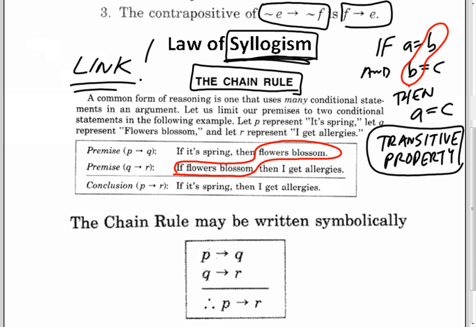In this universe, when it's spring, flowers always blossom. Do flowers always blossom in the spring at the North Pole? No, there are places in the real world where this doesn't happen. But in this universe, you have to assume that what you're being told is true all of the time. And if flowers blossom in this universe, I always get allergies. Our link was the Q.